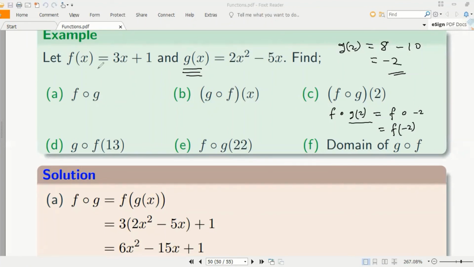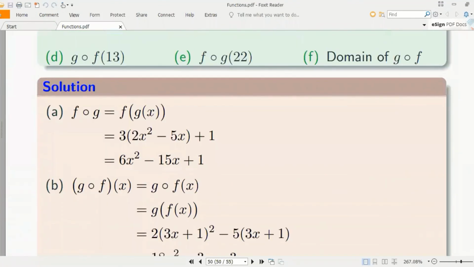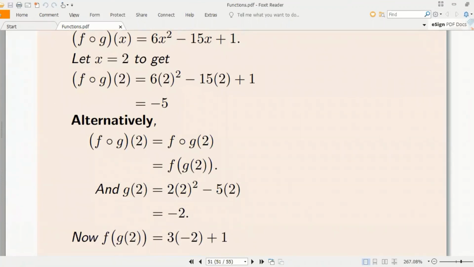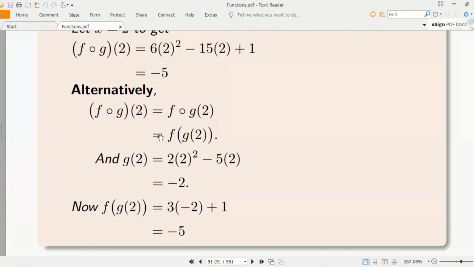Where there is f, put negative 2. So g of negative 2 will now be negative 6 plus 1, which is negative 5. And that's what I did. So you just get my alternative way. In the alternative method, use that. You can use any of them.